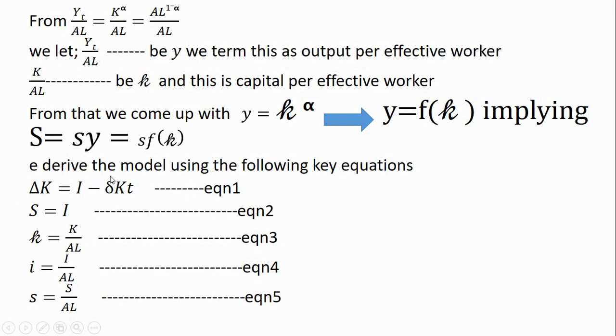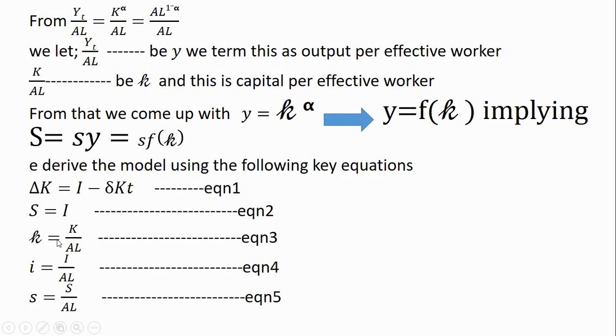So the delta stands for depreciation and the Kt stands for capital. We know that from the previous tutorial. The second equation that is important as we are deriving the Solow's growth model is our equilibrium equation. Remember, I said the market clears, so we have this equation where S is equal to I.